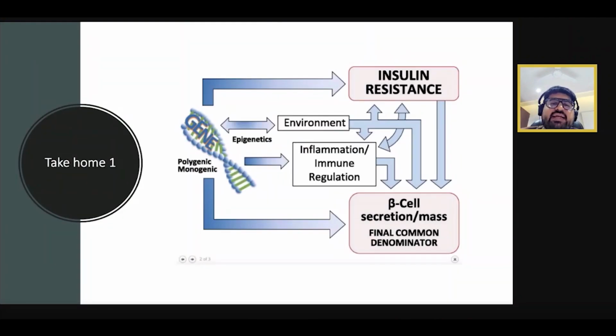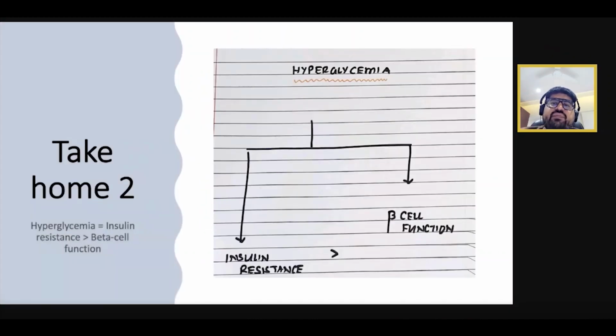So to summarize and give you some take-home messages, the first take-home message is that the unifying theory for the pathogenesis of diabetes is an imbalance between insulin resistance and beta cell function. And the final common pathway, or the rate limiting step, is still the beta cell function. And beta cell function drives type 2 diabetes.